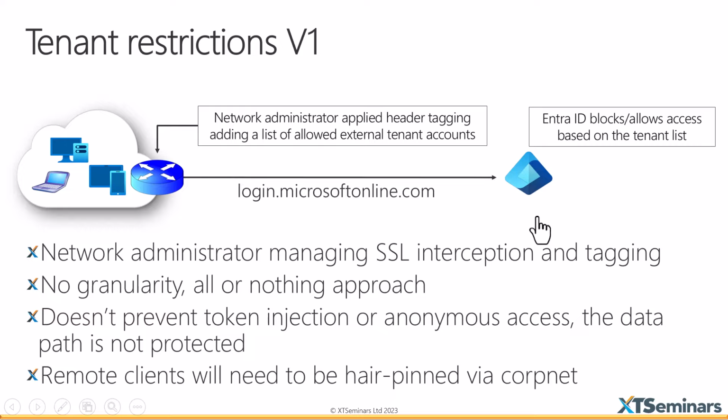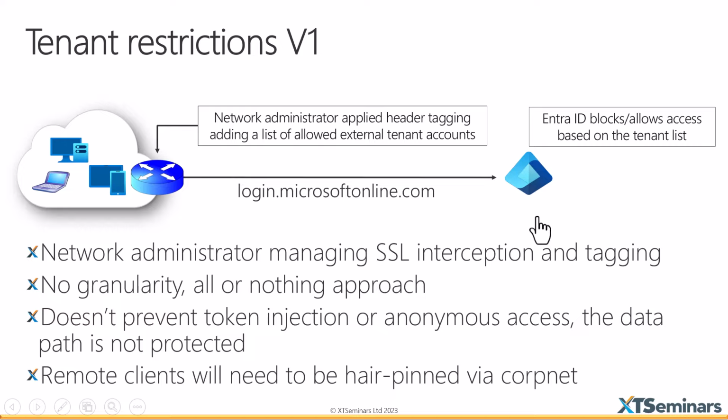You had to get a network administrator involved in doing that. So you've got to do SSL interception, you've got to do tagging, there's no granularity, it's all or nothing. We can't do it on a per user basis, we can't do it on a per application basis. It doesn't prevent token injection or anonymous access. The data path is not protected. And remote clients are going to need to hairpin via your corporate network.